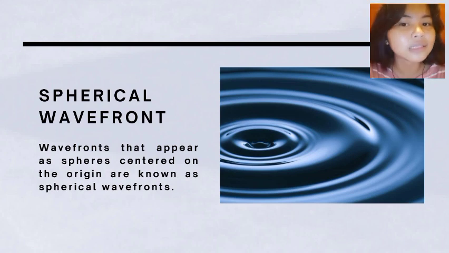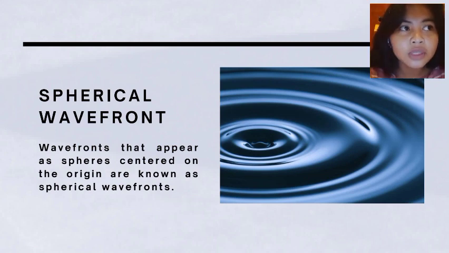As it has been defined, the disturbance of the water in the given example creates a spherical shaped wave. It points out the definition of the spherical wavefront, which indicates that the water ripples are a spherical wavefront.